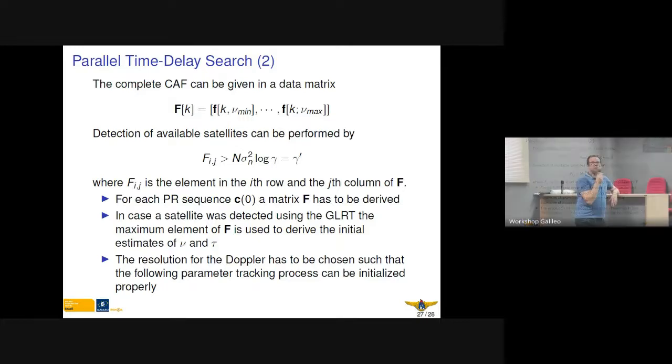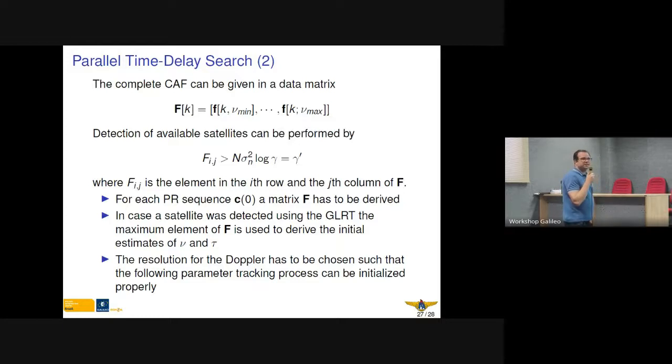So if we have, for example, 3-4 samples per chip, we have a good chance to initialize the DLL at least with an accuracy of one chip. In time delay estimation, the Doppler error usually is about 1 bin. Yeah, 500 to 600 hertz is a good value that we should be below to initialize the FLL or the PLL.